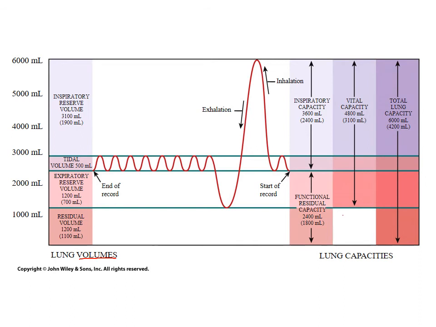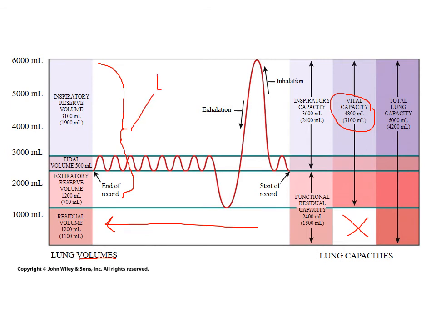As you can see, there's only one that we can't use for life, and that is this residual volume. So the vital capacity is simply adding together the three volumes that we can use. All three of these we can use for life.